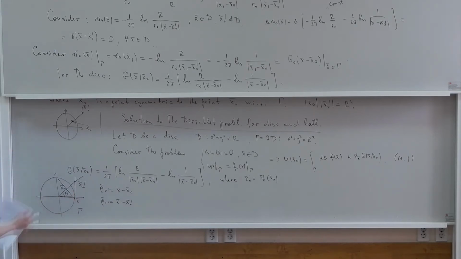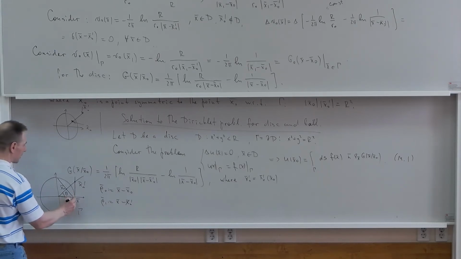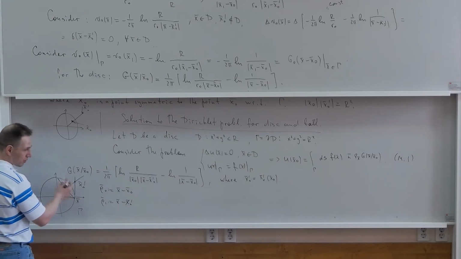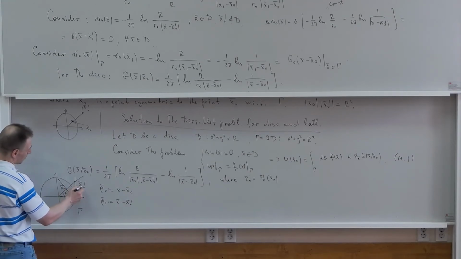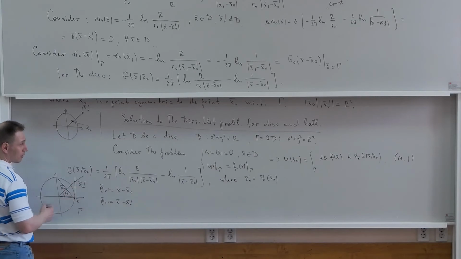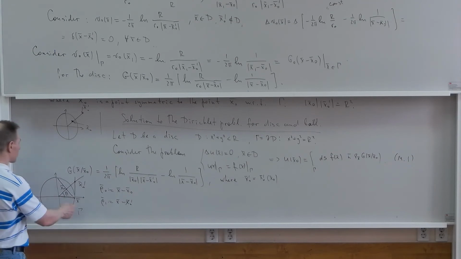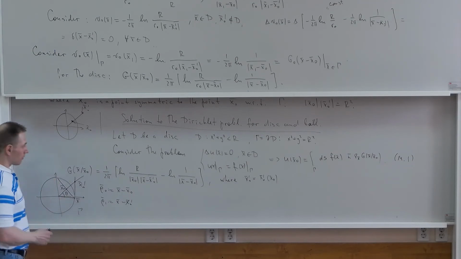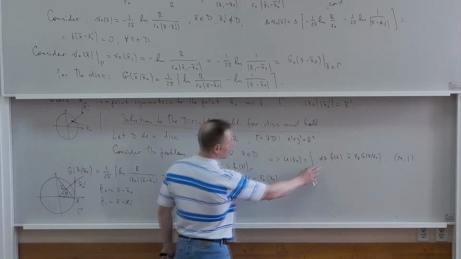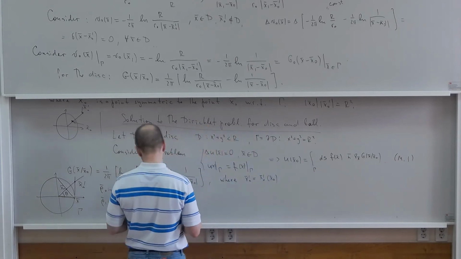And here x is an arbitrary point on this circle, and x0 prime is the image of the point x0 in the circle gamma. And the point x runs along gamma in this, in fact, in this interval.